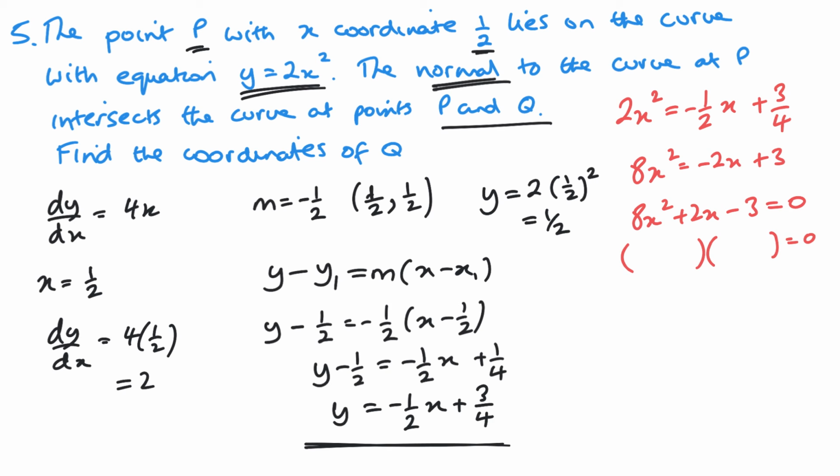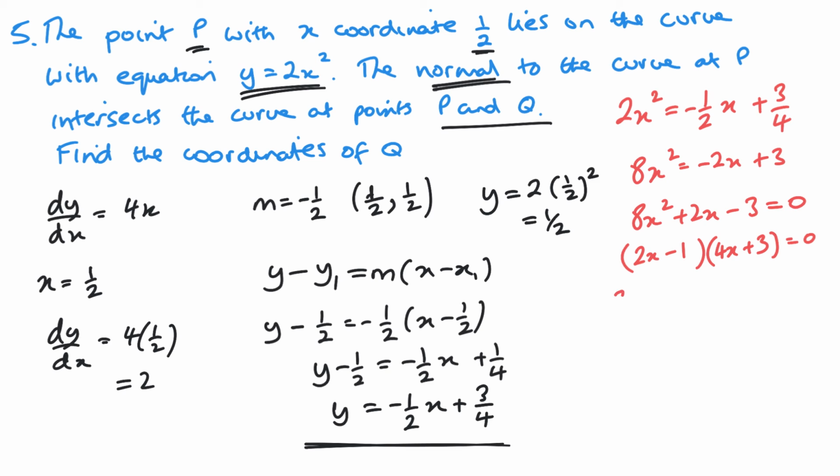Now I know that one of the coordinates was a half earlier, so that has to come from a 2x minus 1. That makes my life a little bit easier. So it's got to be 4x and it's got to be a plus 3. And just double checking, 8x squared, 6x minus 4x is 2x, and minus 1 times 3 is minus 3. So it does work fine.